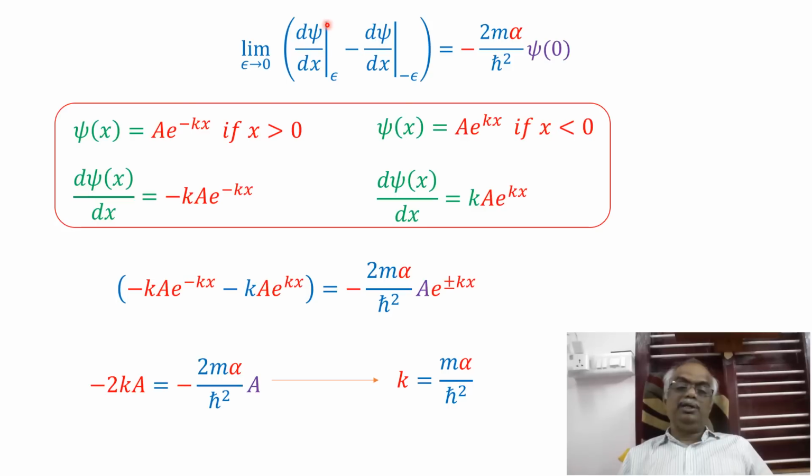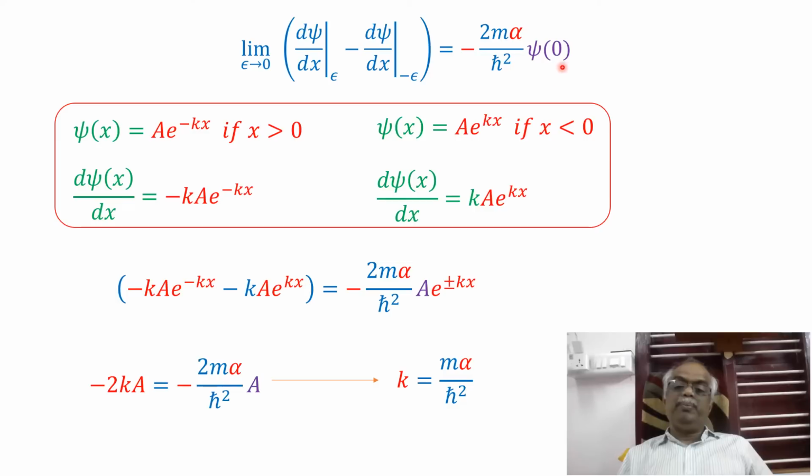Now you subtract this dψ/dx at positive epsilon, that is this one minus this one. Remember that it is minus kA e power minus kx, and this is equal to minus 2m alpha over h cross squared into psi of 0.